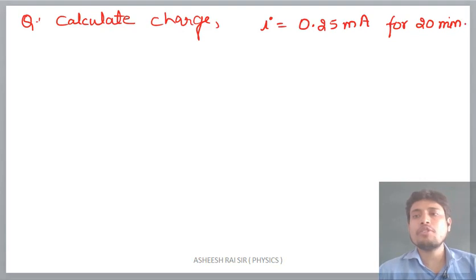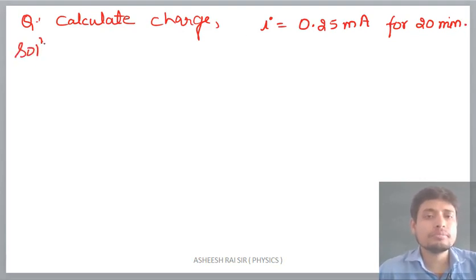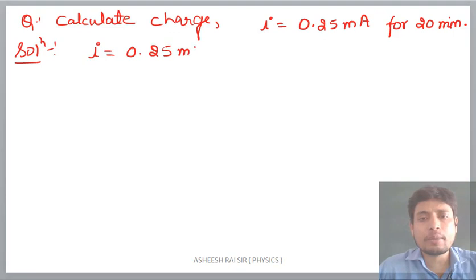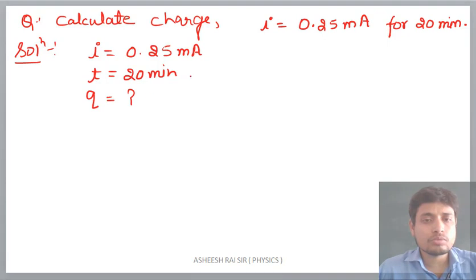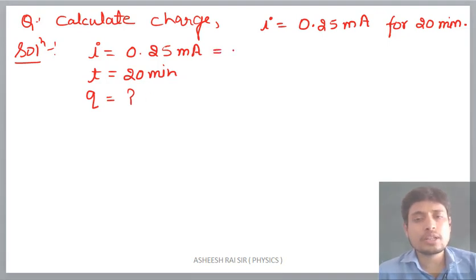Then we have to calculate the amount of charge. Here the value of I is 0.25 milliampere and the value of the time is 20 minutes, and it is asking for the charge Q. So firstly convert this into the SI system.